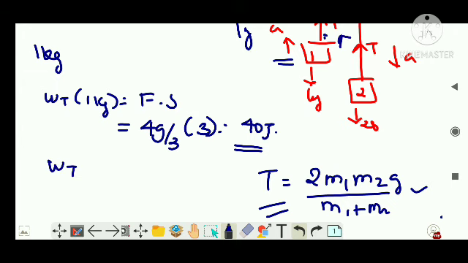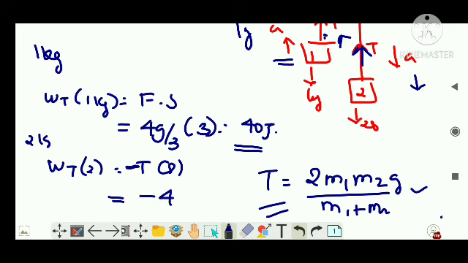Whereas the work done by the tension in the case of 2 kilogram is tension into displacement itself, but here the displacement is in downward direction and the tension is in upward direction, so the angle is 180, so it is a negative work done, so it will be minus 40 joule. Why did I write it as minus 40? 4g by 3 is the tension, displacement is 3, right? So what is the net work done by tension, guys? 40 plus minus 40, so it will be 0.